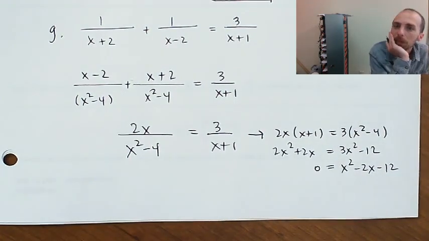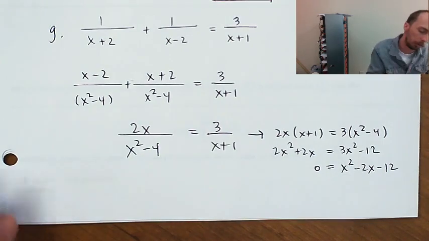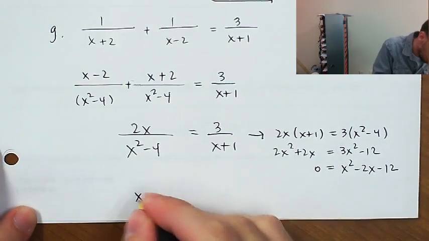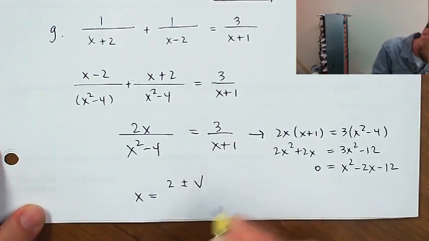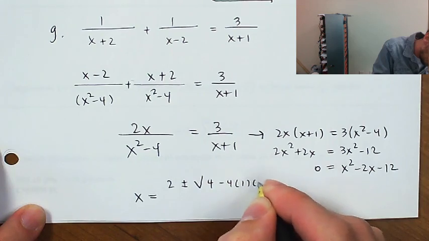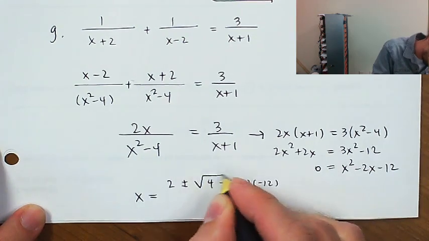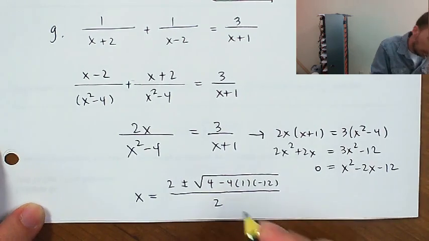So I can hopefully factor, but I'm thinking 2 numbers that multiply to negative 12 and add to negative 2. 6 and 2, no. 4 and 3, no. 12 and 1, no, not working. Okay, I have to use the quadratic formula. So x equals negative b plus or minus the square root of b squared minus 4ac all over 2a.